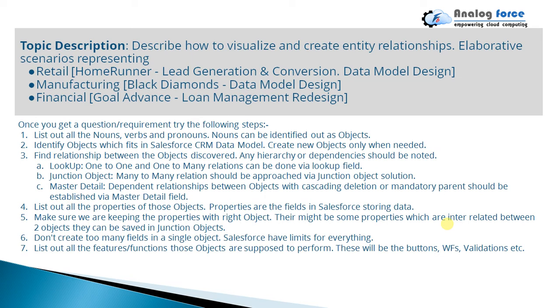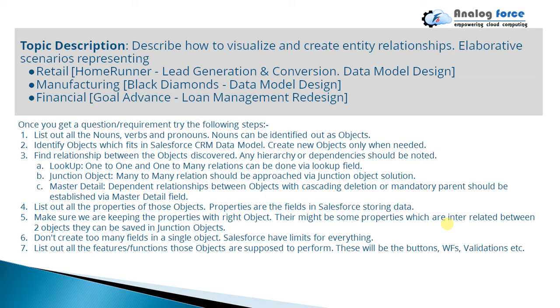The third step and the key step is finding relationships between the objects discovered. Try to identify any hierarchy or dependencies between those 2, 3, 4 objects which you have noted down.